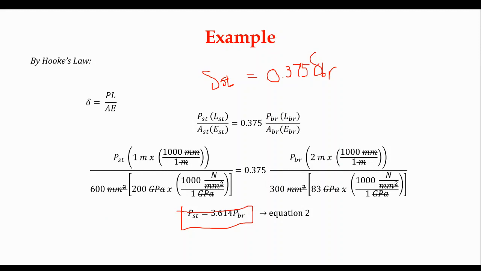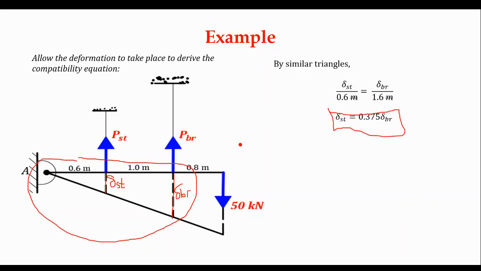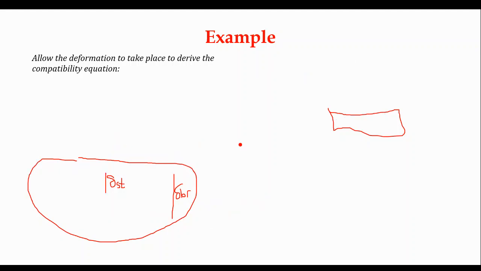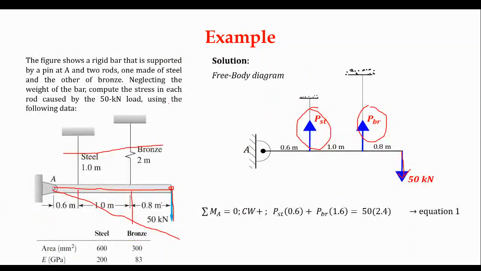Nganong kailangan nato kwaon ang force? It's because the question, the problem, asks for the what? Asks for the stress in each rod. So, if stress in each rod, di ba force over area, so kuhaan gid nato ang force sa steel ug sa bronze.